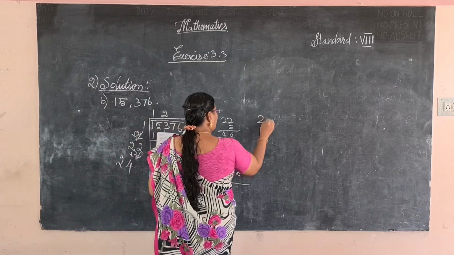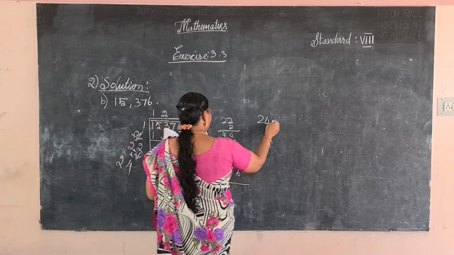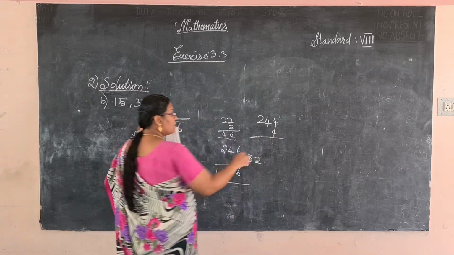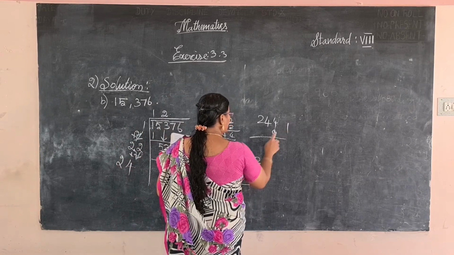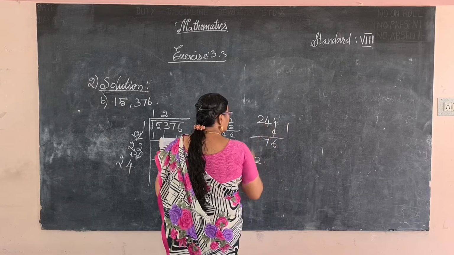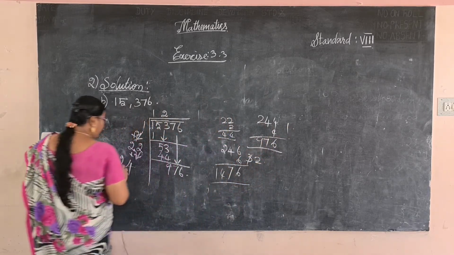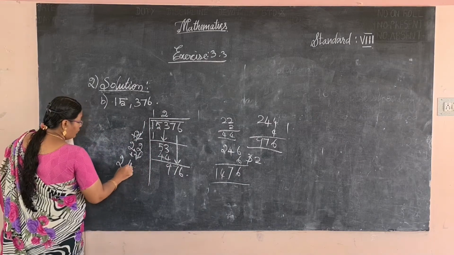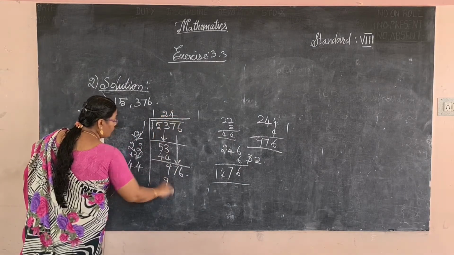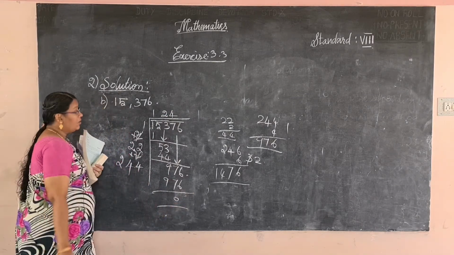So now try the next one: 4. 4 4s are 16 plus 1 is 17, remainder 1. 4 2s are 8 plus 1 is 9. So 224 multiplied by 4 gives 976. The remainder will be 0.